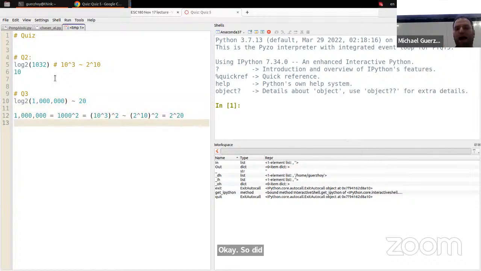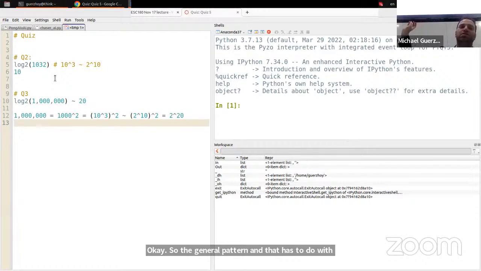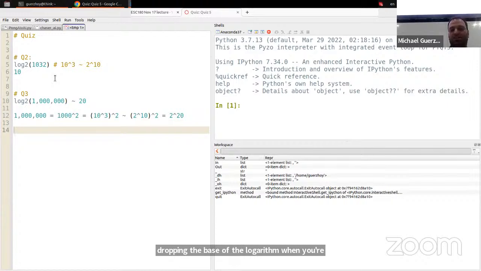So the general pattern, and that has to do with changing the base of the logarithm when you're computing the logarithm, is like that. So what's log 2 of n? Well, just because that's how logarithms work, that's equal to log 10 of n divided by log 10 of 2, right?